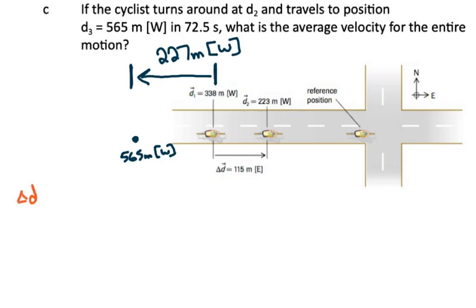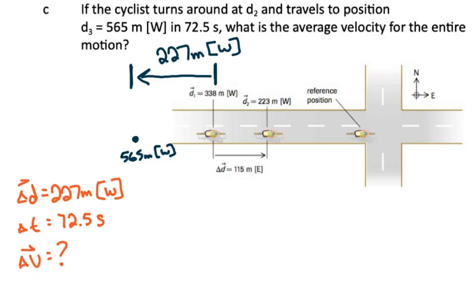So we now know his displacement, 227 meters west. We know the time it took, 72.5 seconds. What is the average velocity? That's what we calculate out.